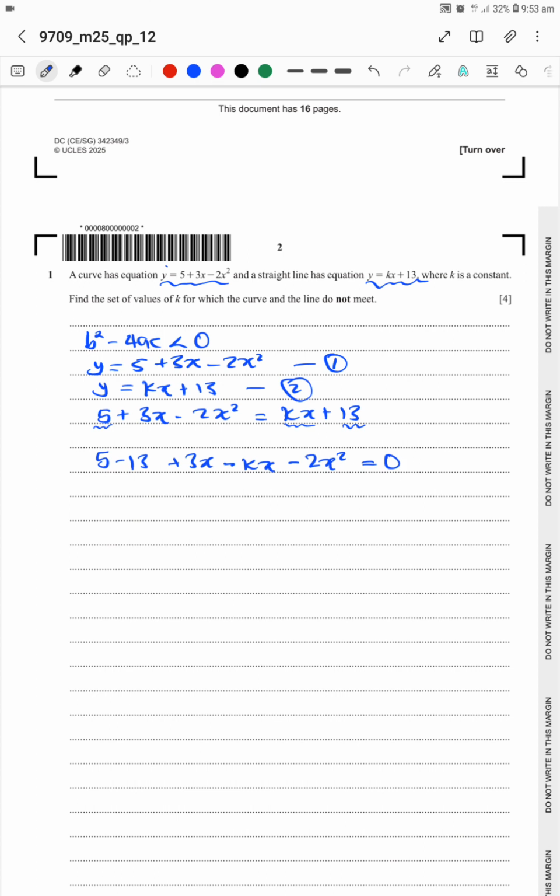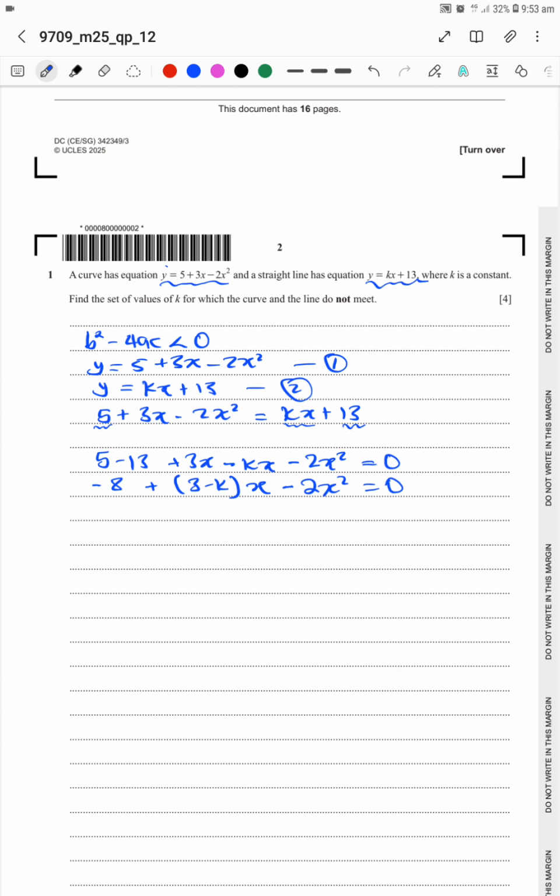Now 5 minus 13 will give us negative 8, and we can factor out x from this part of the equation. So we will have 3 minus k all multiplying x, then we also have minus 2x squared, and this is equal to 0.